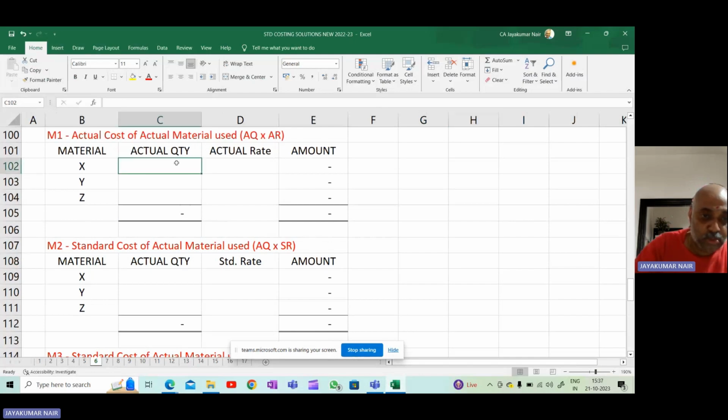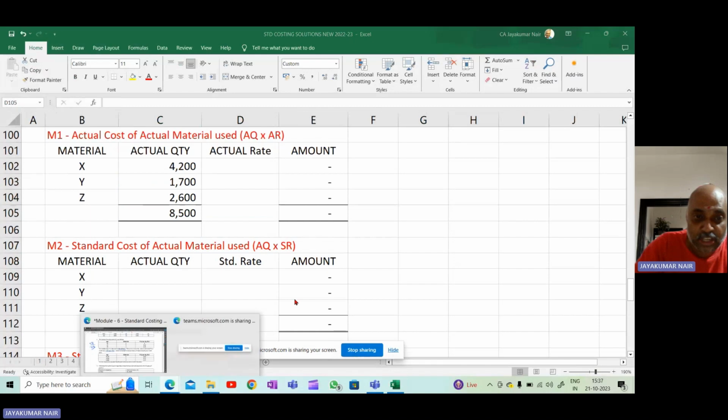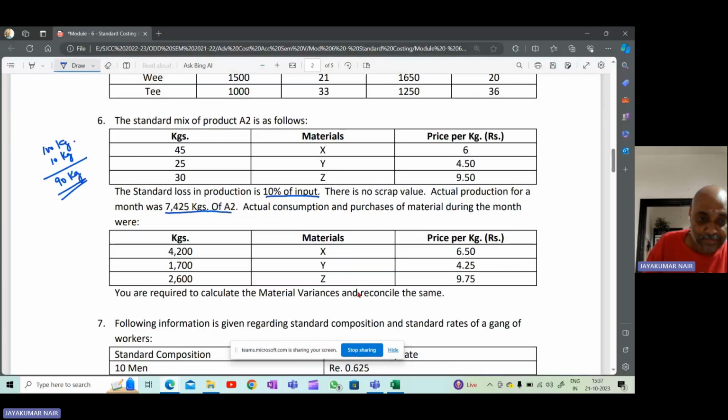In this particular month, you have used 4,200 kg of X, 1,700 kg of Y, and 2,600 kg of Z. This is your actual consumption, the actual quantity used of X, Y, and Z. What is the actual rate?